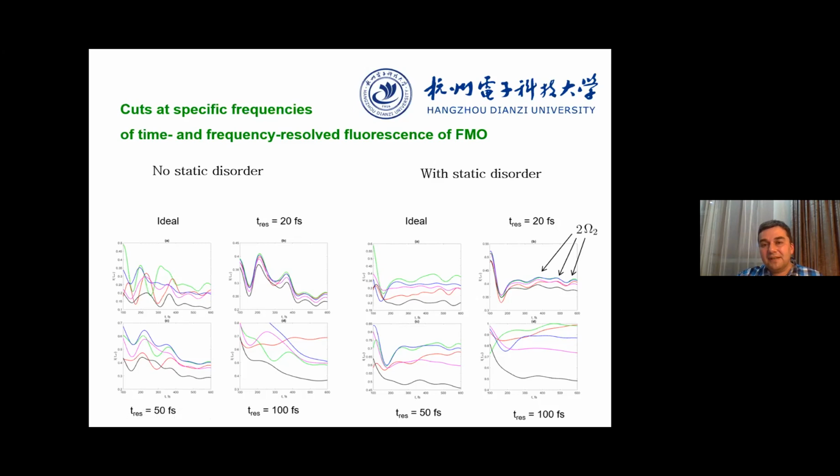But if we consider the situation with the static disorder, the situation is different. So let us consider, for example, this signal, which is evaluated for 20 femtosecond resolution. You see that after a certain initial time, the oscillations correspond exactly to a vibrational frequency.